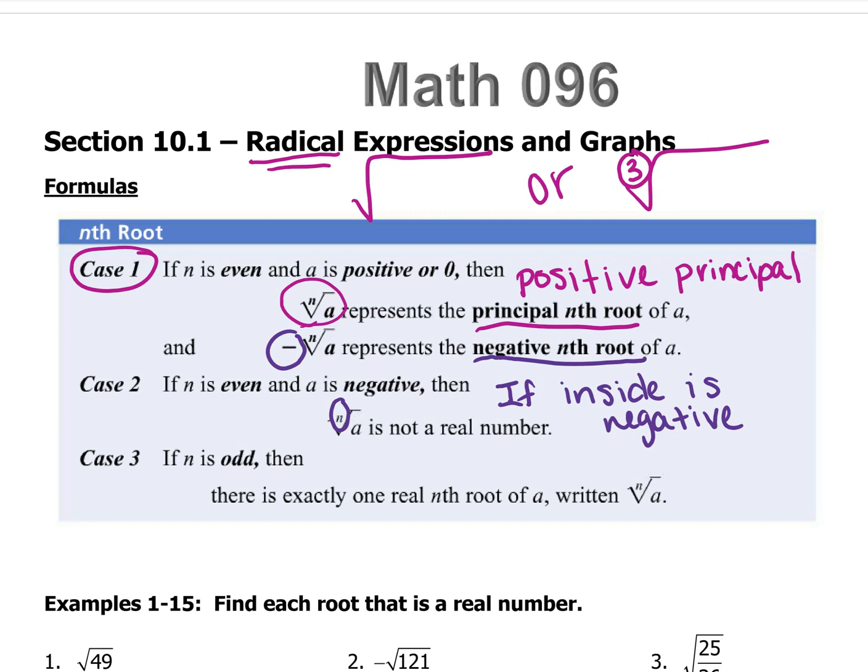But when it's odd and there's the a on the inside, it works. So if this number right here in case 3 is odd, this works for positive or negative. So I want you to write that: works for positive or negative. Either one, it does not matter.